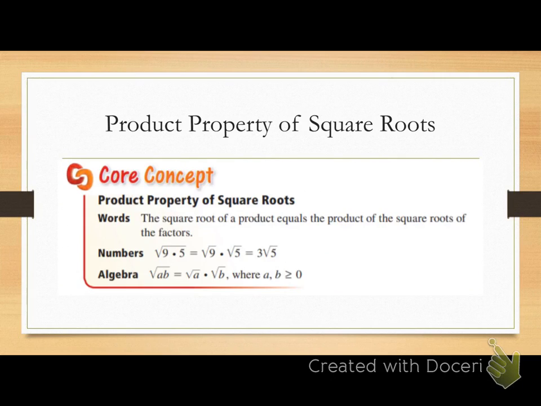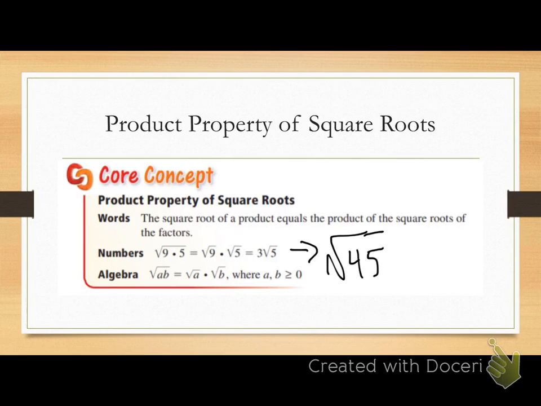So, here is our product property of square roots. The square root of a product equals the product of the square roots of the factors. This should start off with the square root of 45. If I have the square root of 45 and it wants me to simplify it, I need to see if I can find any perfect squares that multiply to give me 45.